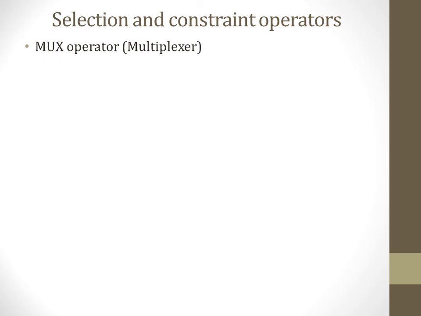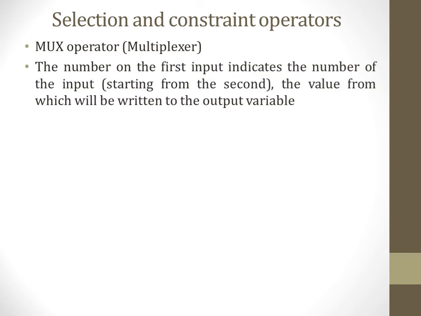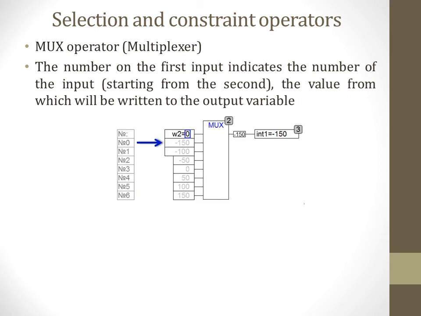So next is the MUX operator, multiplexer. The number on the first input indicates the number of the input, starting from the second, the value from which will be written to the output variable.